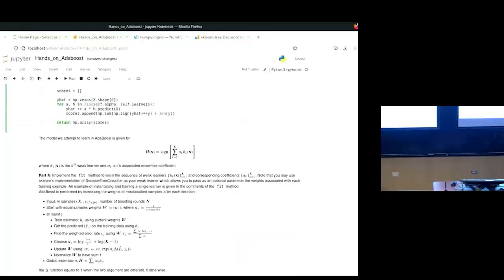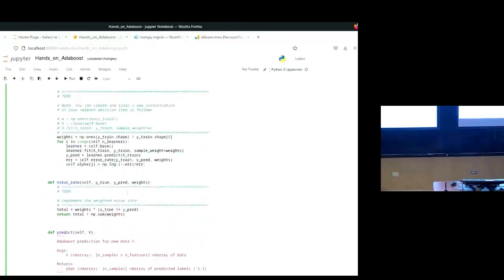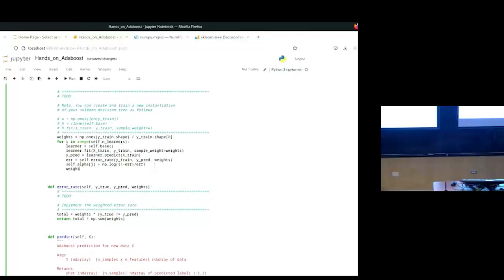All right, so let's do this. We're going to just change the weights. We're going to update the weights using this alpha j that we just computed. So now the weights are going to be equal to the weights multiplied by the exponential of the alpha that we just computed. So just to be consistent, I'm going to call it j here, since we said we're going to use j for the learner. Perfect.